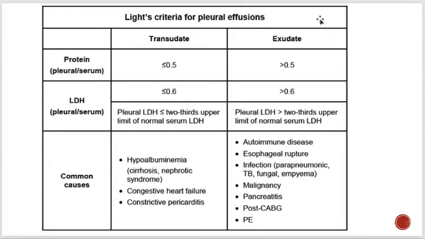See, in an exudate there is inflammation going on, or the capillaries become leaky. So whenever someone has an exudate, the appearance of the fluid will be cloudy and the specific gravity will be more.